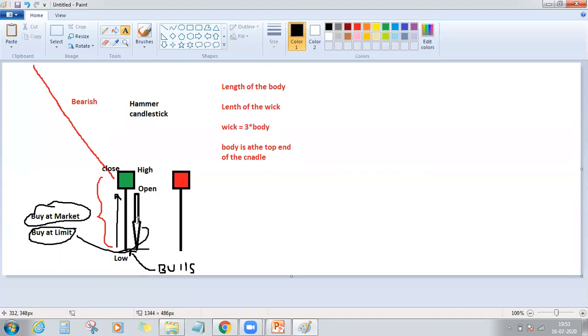People who put their orders at buy at limit, their orders did not get initiated. So once again, if the price comes into the same zone, you can expect the same kind of behavior.